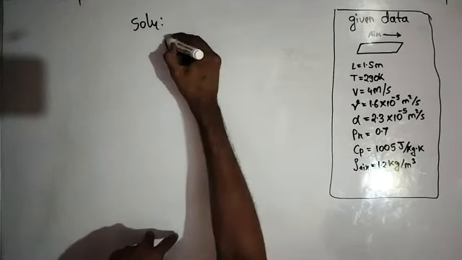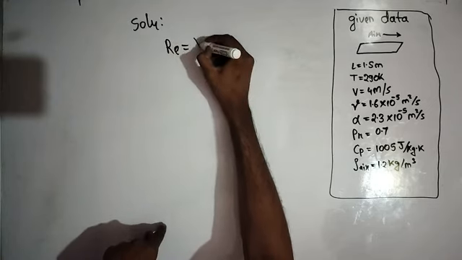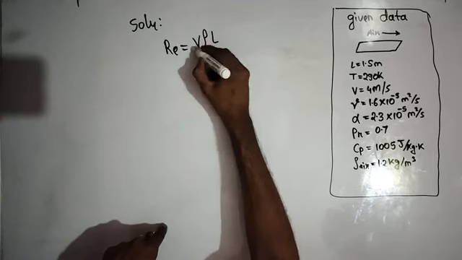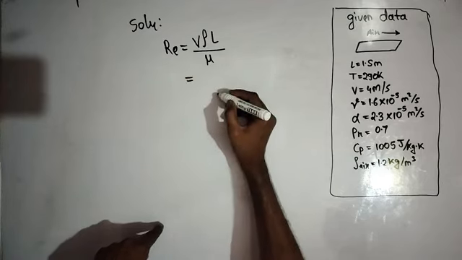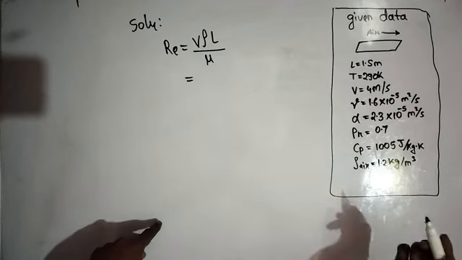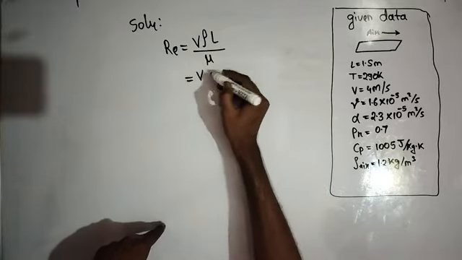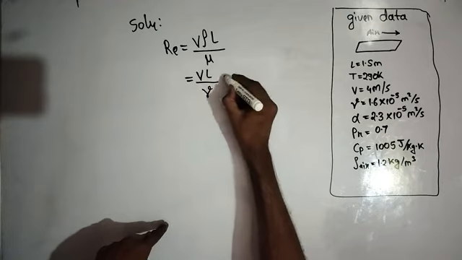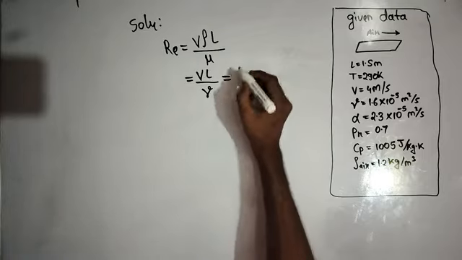So first we need to calculate Reynolds number, which is given by velocity into density into length upon viscosity. We are not provided with viscosity, so we will convert this formula in terms of kinematic viscosity, which is given in the data.